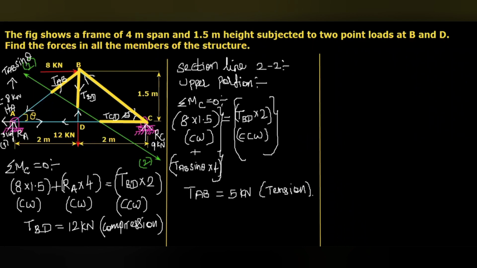So I am going to take moment about the point B, and that equal to 0. So here, when I take moment about B, 8 kilonewton, the tension in the member AB, tension in the member BD, these three are acting exactly at point B. So the moment made by 8, TAB, TBD, that will be eliminated.